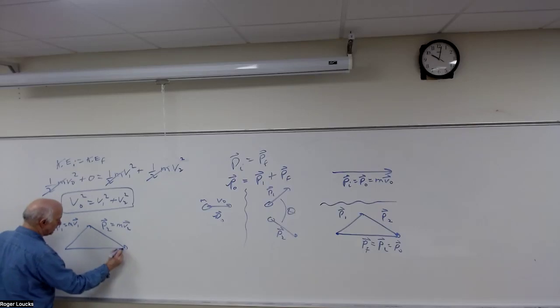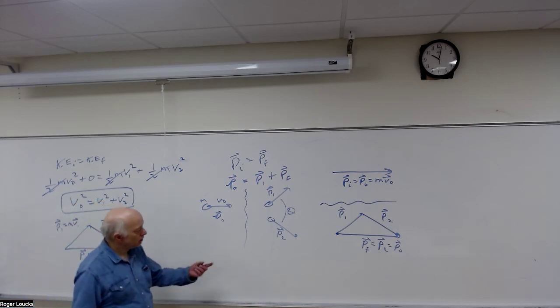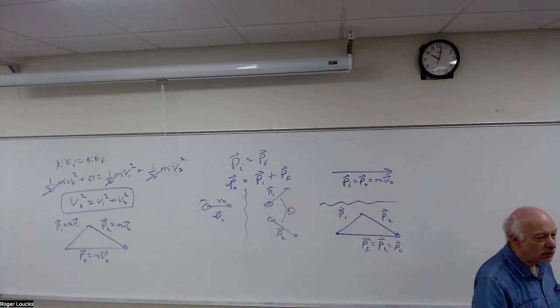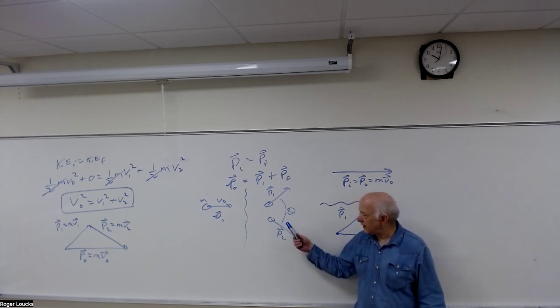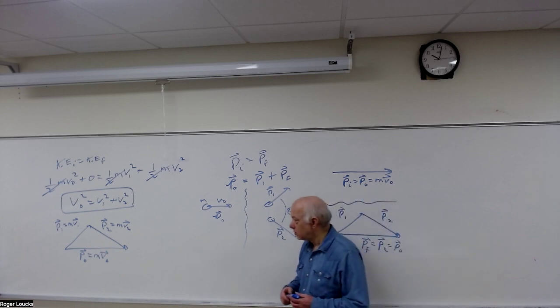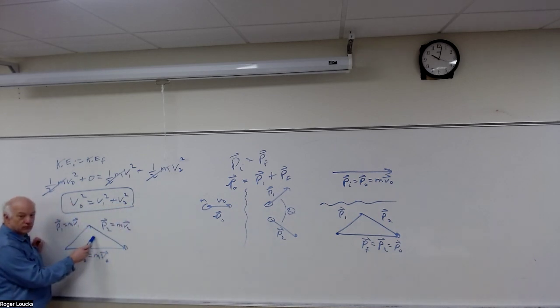And here's my P initial here, which is MV naught. Now here's the tricky thing. Where's theta in that picture? So this theta here is the angle between these two vectors. Where is that in the picture? Everyone agrees with this?